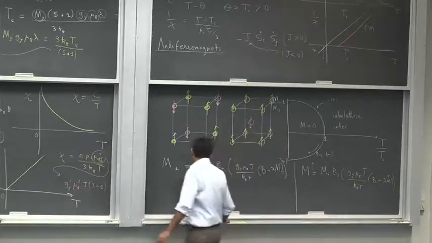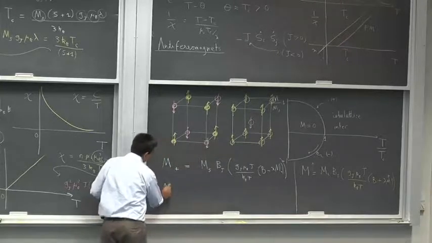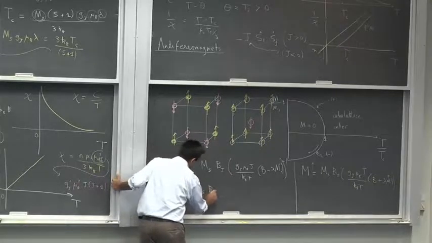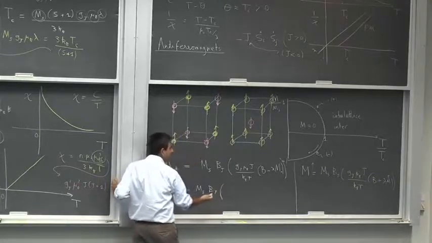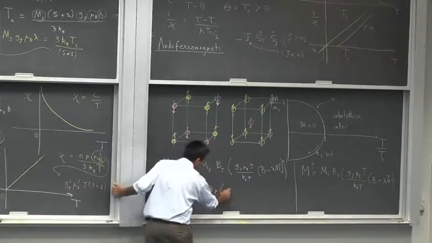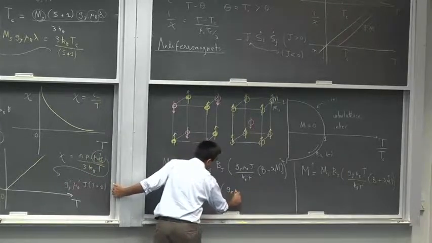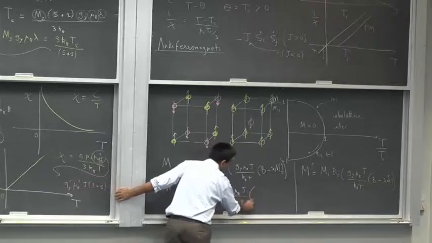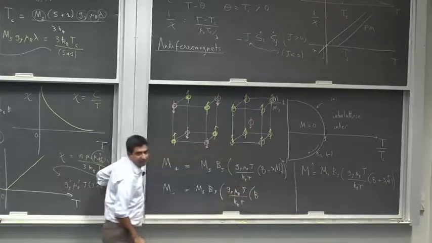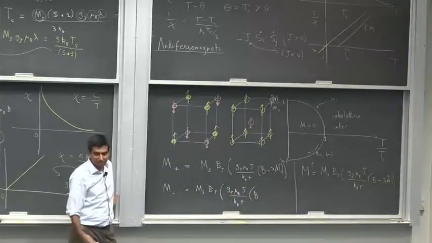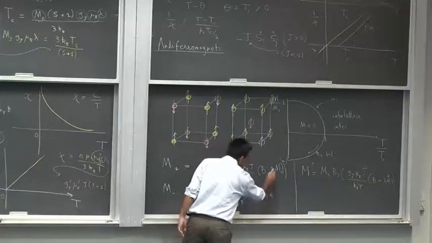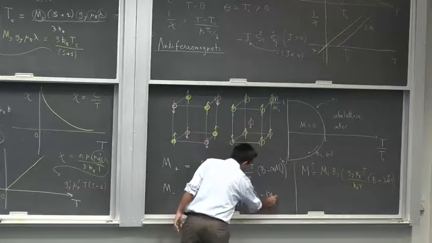So if you look at the other subdomain, the magnetization of the other subdomain, M minus, that's going to be given by Ms Bj, and the y relevant for the other subdomain, which is gj mu B J over kBT, the same external magnetic field seen by both the domains within the same structure, minus lambda. I would like to make this lambda absolute, M plus.